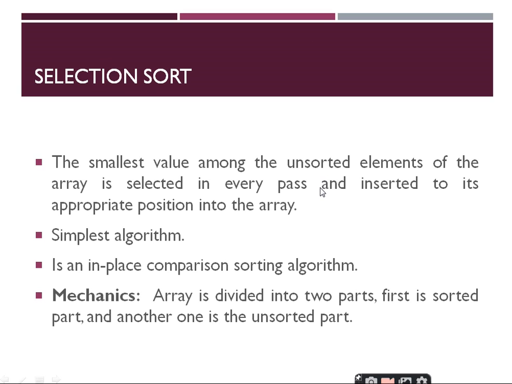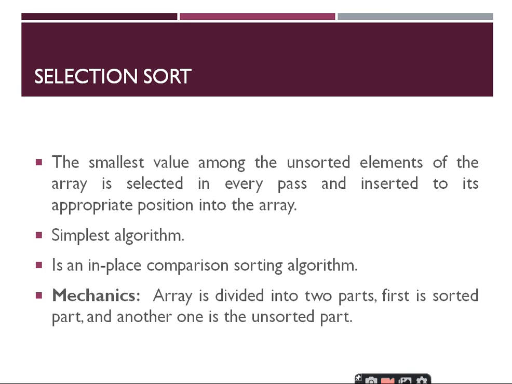First we'll see the working of selection sort. Here the smallest value among the unsorted elements of the array is selected in every pass and inserted into its appropriate position in the array. We begin with the smallest element among the unsorted. We are assuming that the given list is unsorted, so we begin with the smallest value.